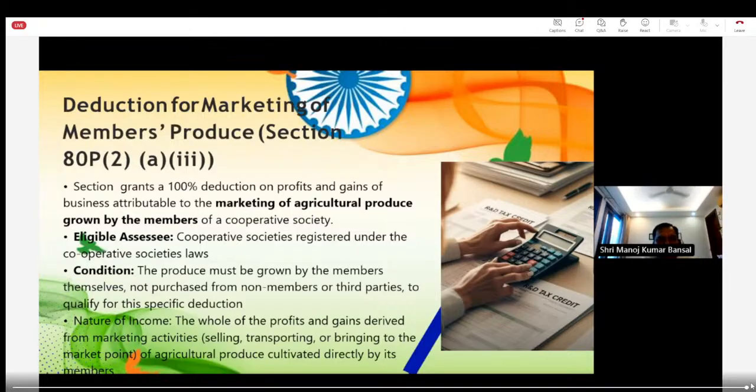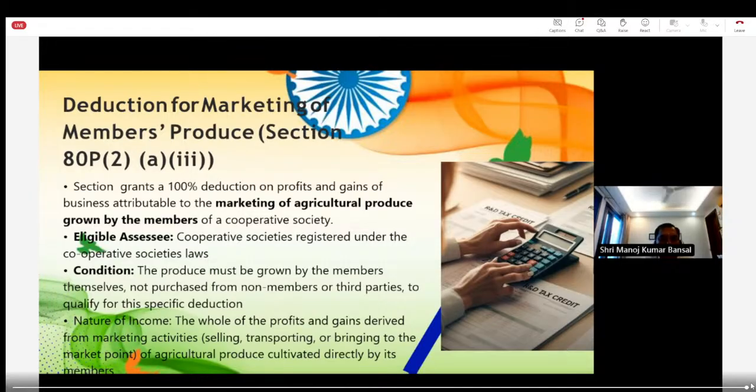Eligible assessees are cooperative societies registered under the Cooperative Society Law. Conditions are that the produce must be grown by the members themselves, not purchased from members or third parties, to qualify for this specific deduction.